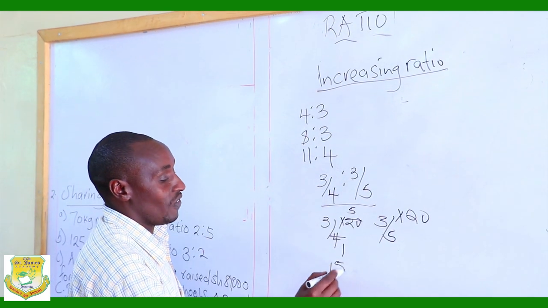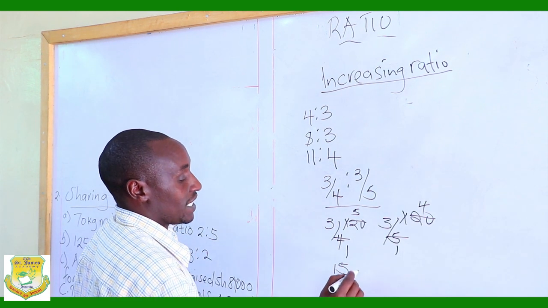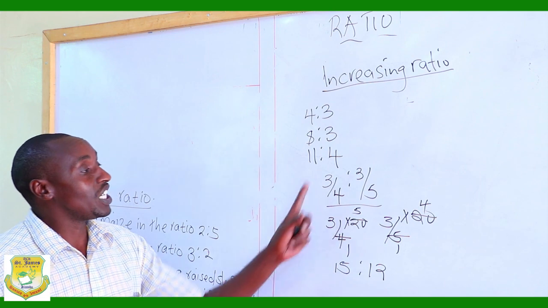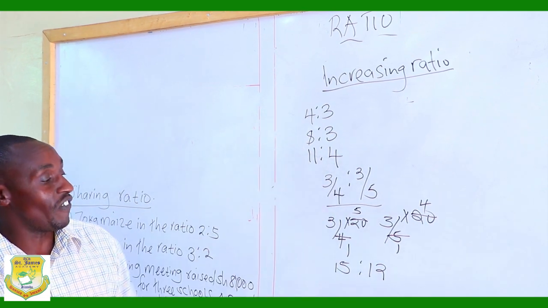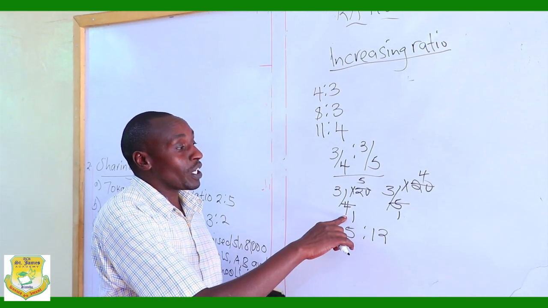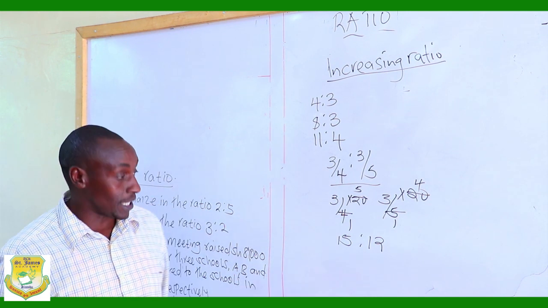I get the first one, 15. By 5, 1. By 5, 4. I get 12. So if you are comparing 3/4 is to 3/5, first of all you look at the LCM, then you convert the fractions to whole numbers. From there we can simplify.